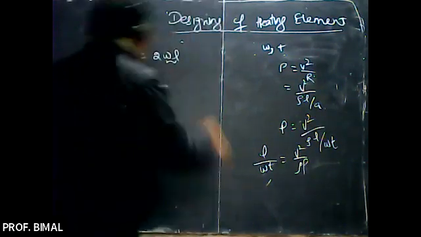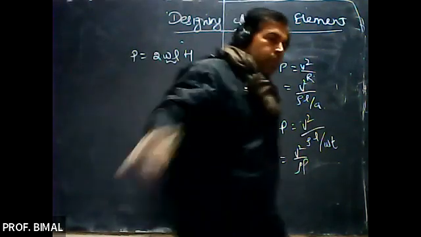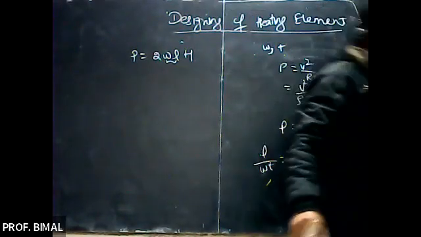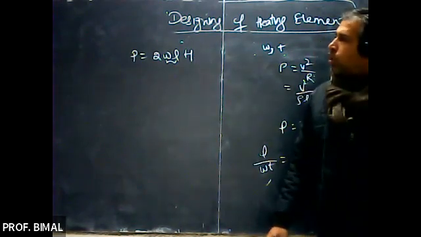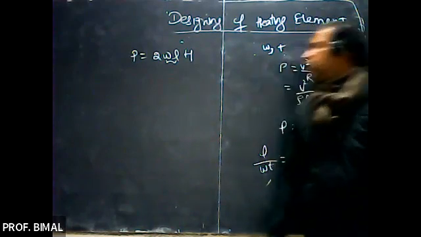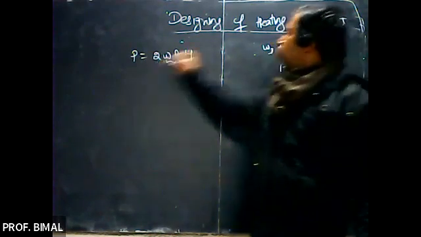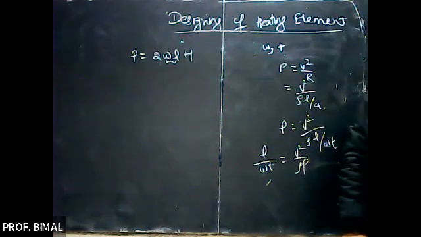H is the heat per unit area as per the Stefan law. So P is equal to 2WL into H. H will be the same as in the previous case.